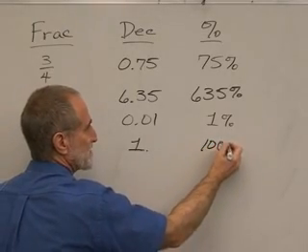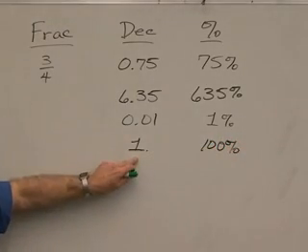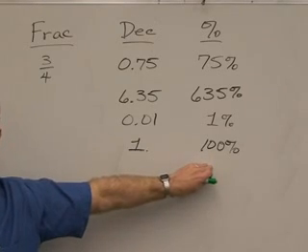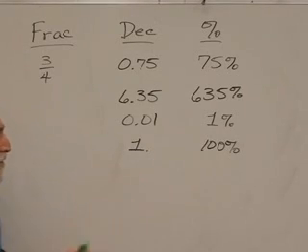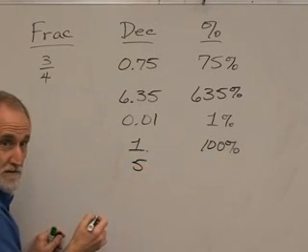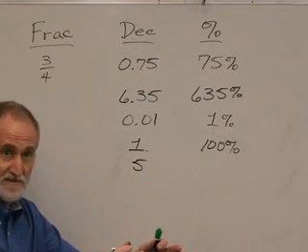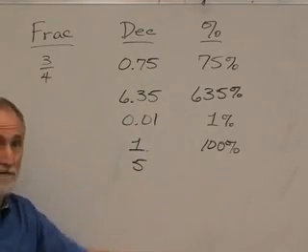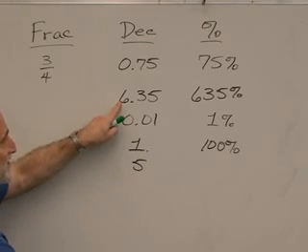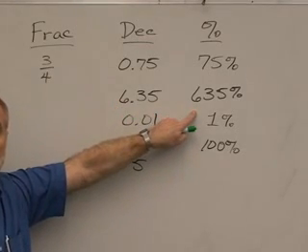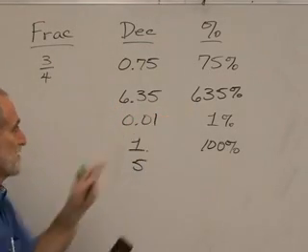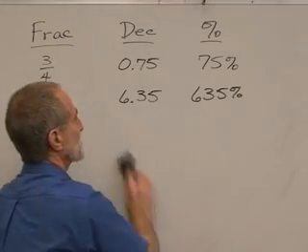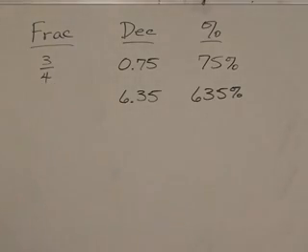It's 100%, isn't it? If I have 1 pizza, I have 100% of that pizza. So if I've got 5 pizzas, I've got 500% of that pizza, because it's 5 of them. So if I've got 6 of something, it makes sense that it should be over 600%, shouldn't it? So sometimes it helps to remind ourselves what range we're in.